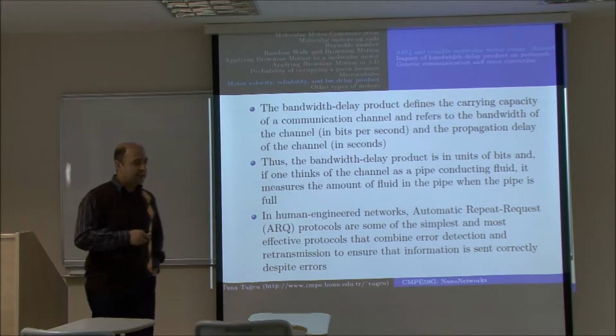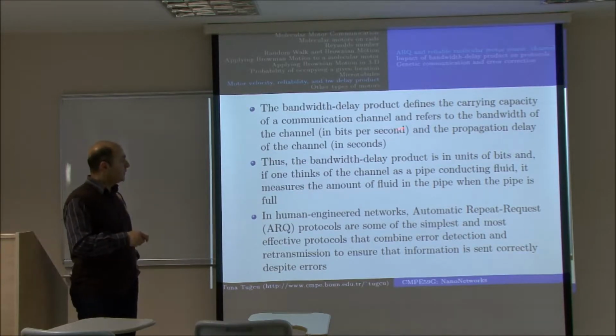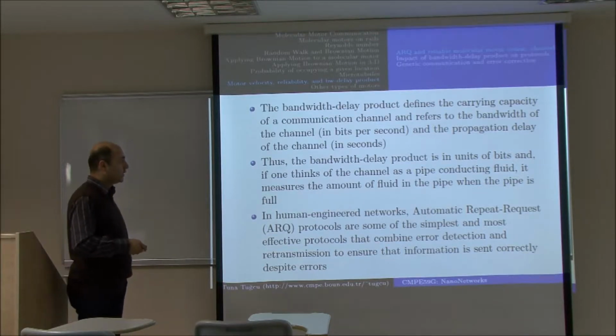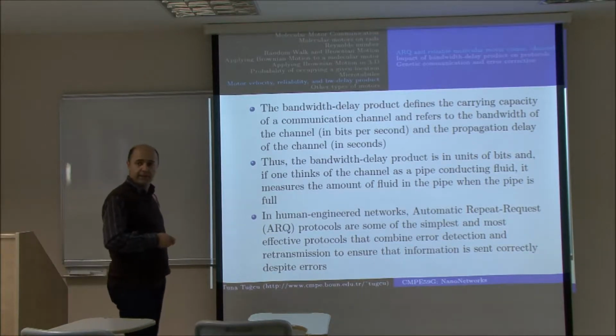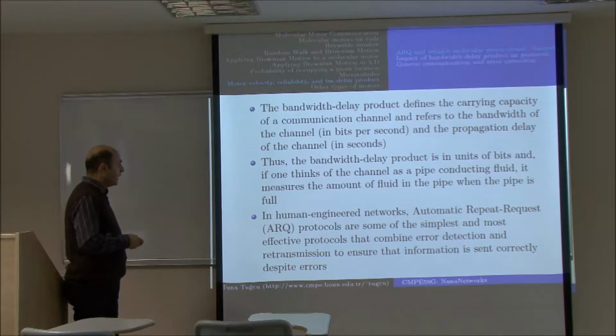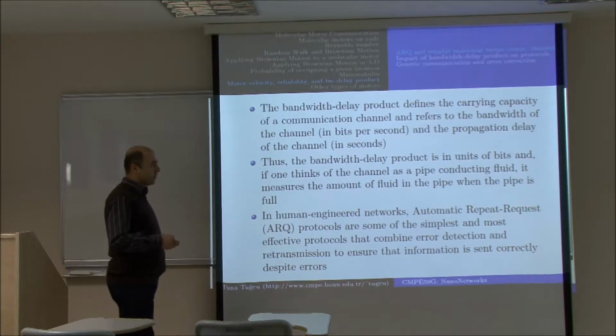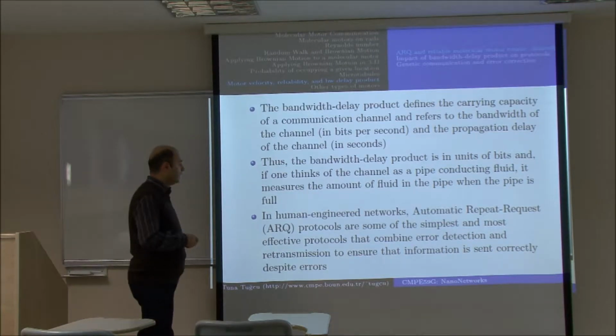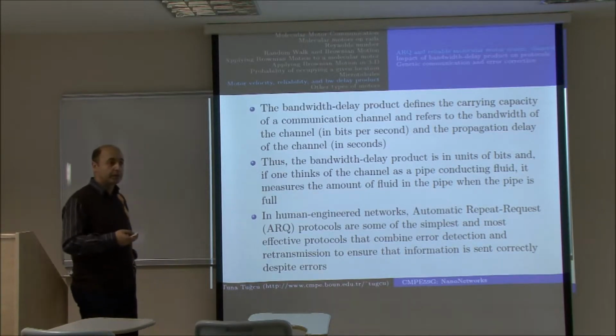So the bandwidth delay product is now bits per second times seconds. The seconds will cancel out, so it will be in units of bits. And if one thinks of the channel as a pipe conducting fluid, as we discussed, this will be measuring the amount of fluid in the pipe when the pipe is completely filled.